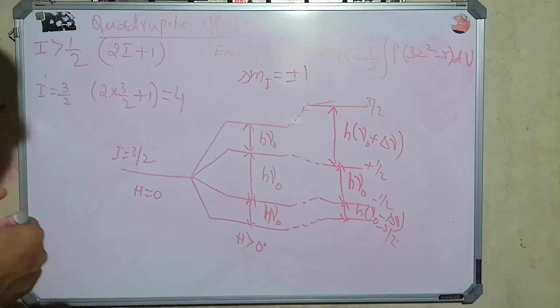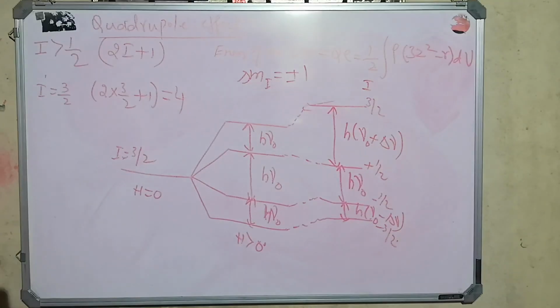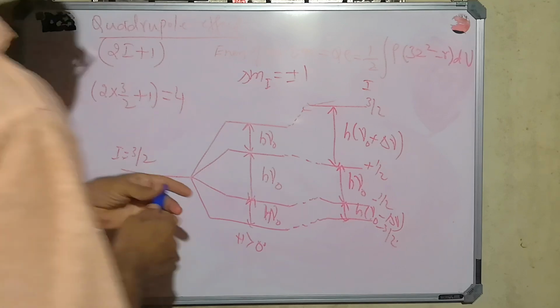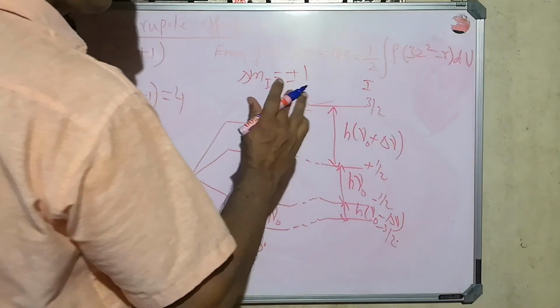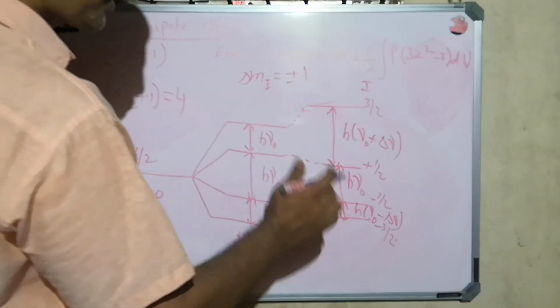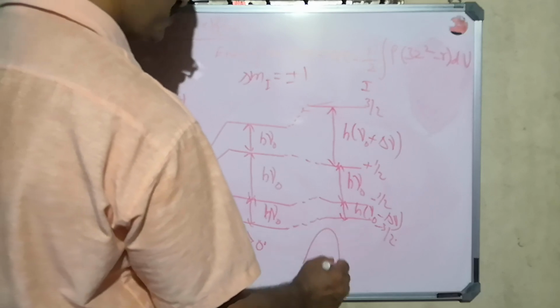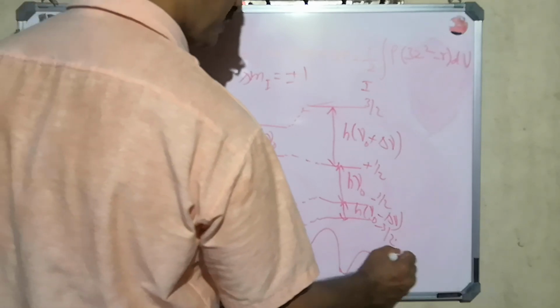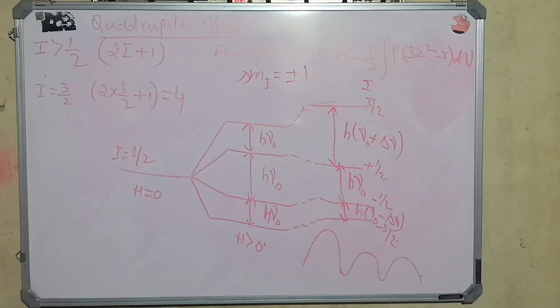So this is the value of I in the presence of electric field. Because of this, in non-spherical crystals, instead of a single peak, we are observing 3 peaks. So this effect is called the quadrupole effect.